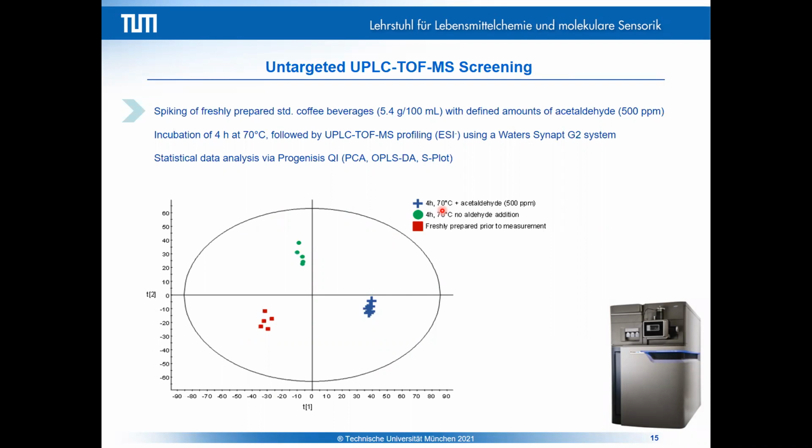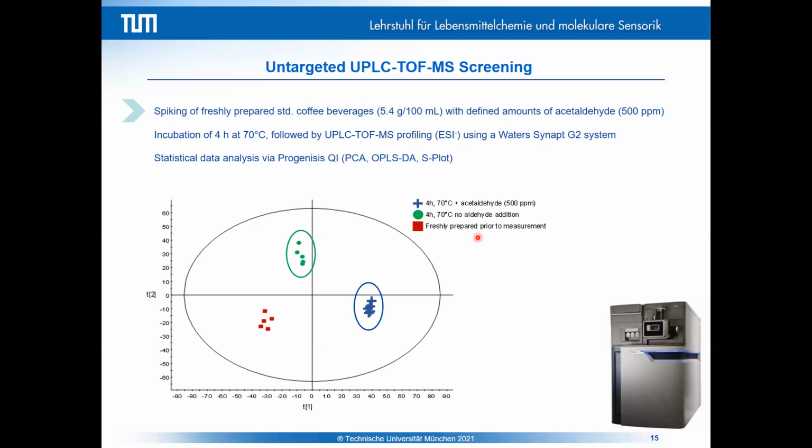The second coffee beverage was incubated at the same conditions, but no aldehyde was added, and we also measured a freshly prepared coffee beverage. And you can see clearly that the principal component analysis shows that the groups are clearly differentiated, and this gave us a first glimpse that there might be some differences within these groups.